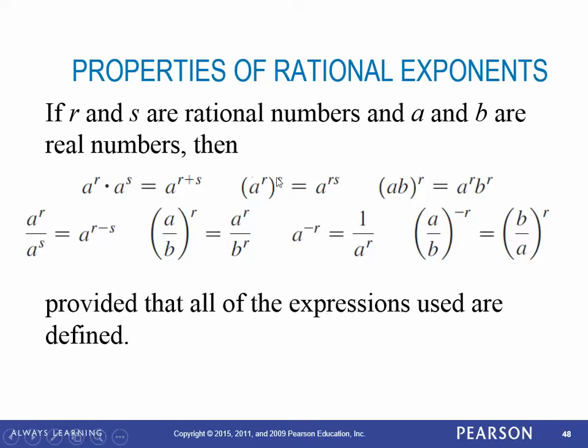Or if you want to take an exponent of a base that already has an exponent, you can just multiply the exponents. If you have two things that are multiplying each other and you're taking powers, the power extends to each individual piece. Dividing numbers with the same base, all you have to do is subtract exponents. Taking powers of a fraction, you have to take the powers of the numerator as well as the denominator.